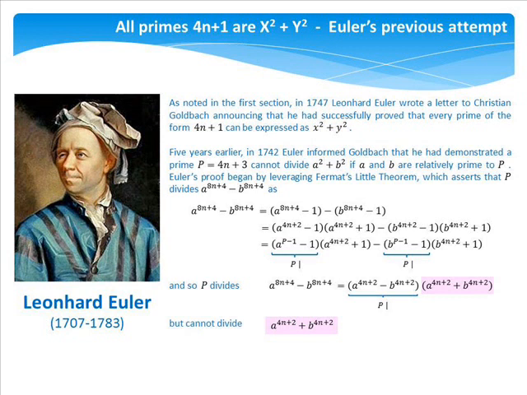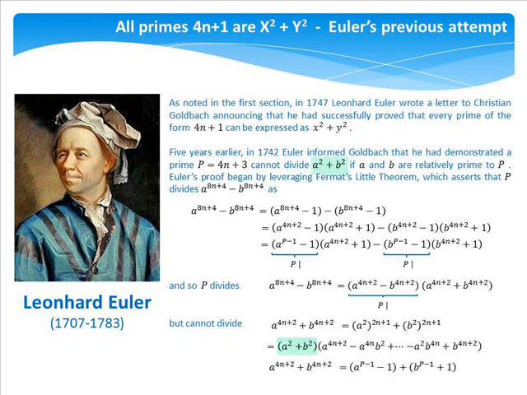Furthermore, p cannot divide a raised to 4 times n plus 2 plus b raised to 4 times n plus 2, and one factor, here you see that the sum of two squares, a squared plus b squared, appears. p cannot divide a raised to 4 times n plus 2 plus b raised to 4 times n plus 2, because if we add and subtract 1, then, because of Fermat's little theorem, it would divide a raised to p minus 1 minus 1, but not divide b raised to p minus 1 plus 1.